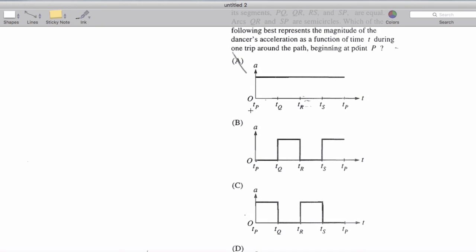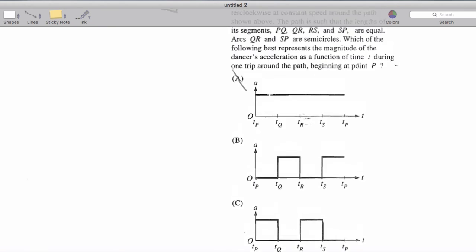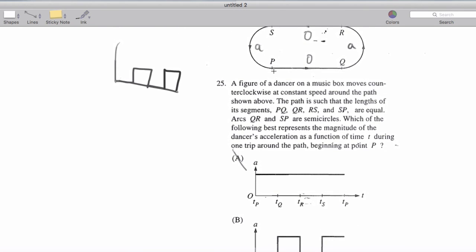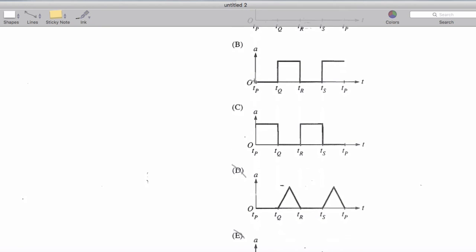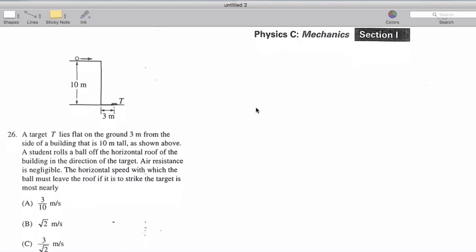So that rules out A, D, and E. And since we're starting at P, we're going to assume that we begin at P and we're moving counterclockwise. So we're going from P to Q, so we have no acceleration to start with, and that's how we get choice B. Next.